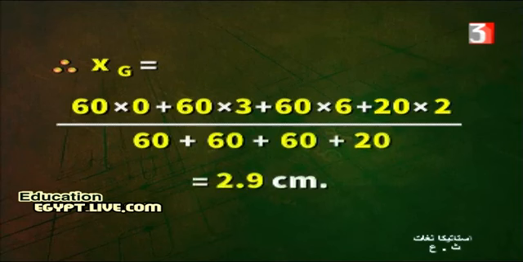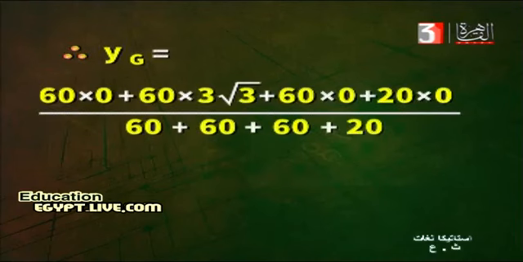To calculate yg by using the same rule, yg equals m1 y1 plus m2 y2 plus m3 y3 plus m4 y4 over summation of m1 plus m2 plus m3 plus m4.